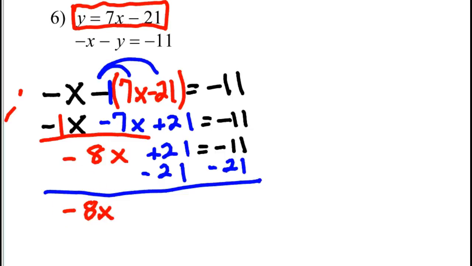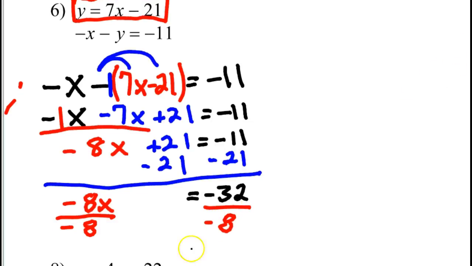Would the negative 1 and the negative 7 equal positive 8? When you're subtracting, the negative stays. When you're multiplying the negatives, they cancel out. So we get x equals positive 4.